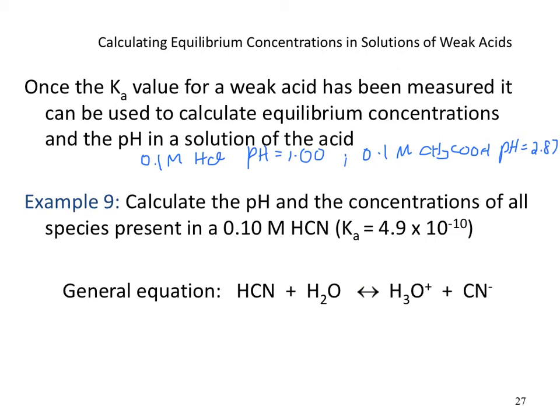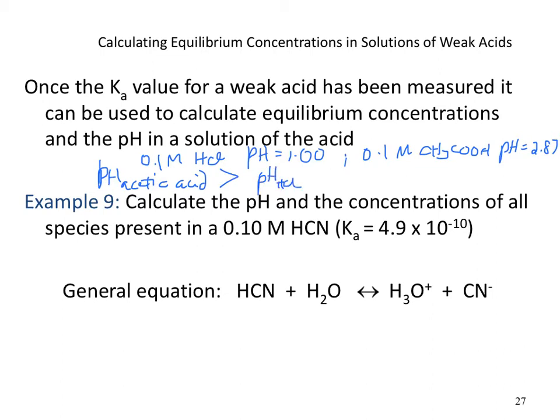So the pH of acetic acid solution is higher than the pH of HCl.